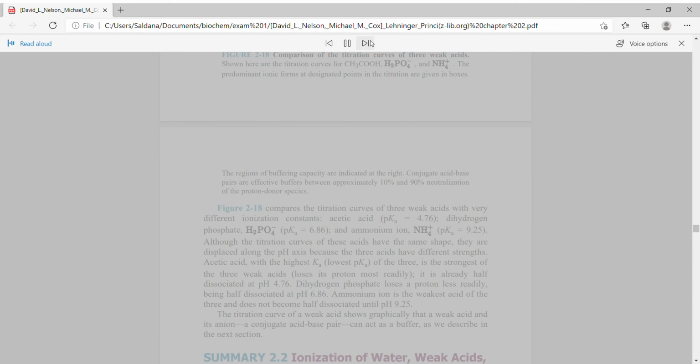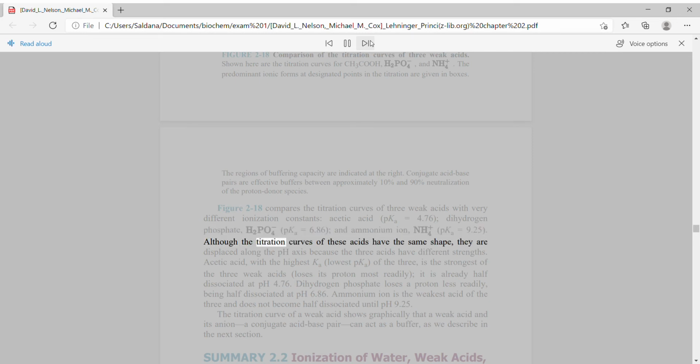Figure 2-18 compares the titration curves of three weak acids with very different ionization constants: acetic acid, pKa equals 4.76, dihydrogen phosphate, pKa equals 6.86, and ammonium ion, pKa equals 9.25.